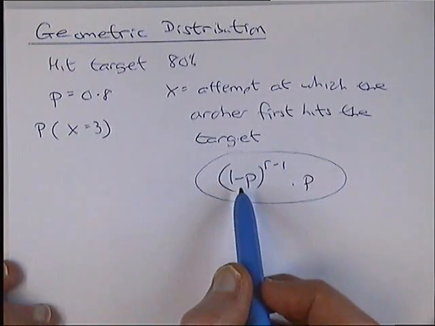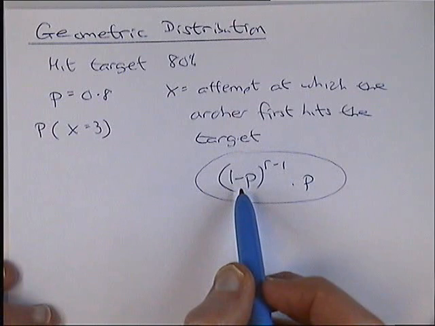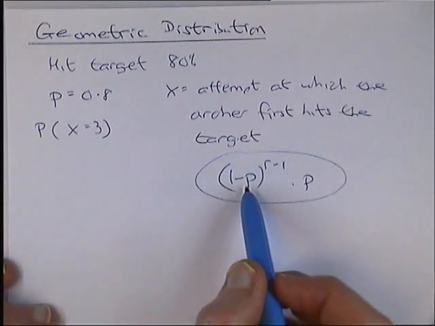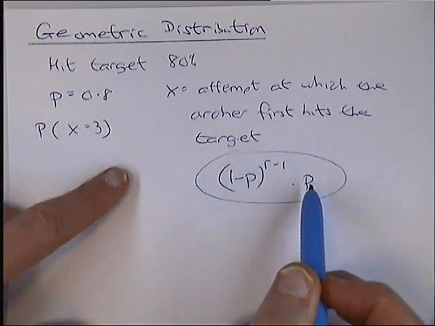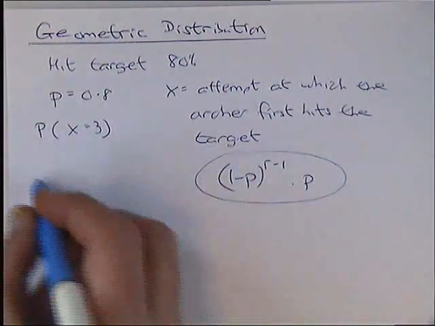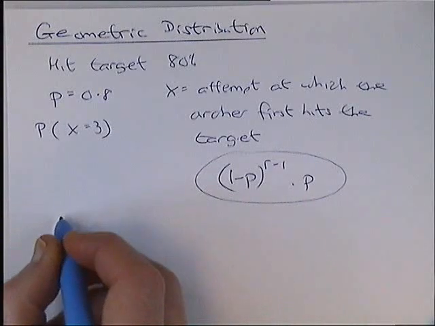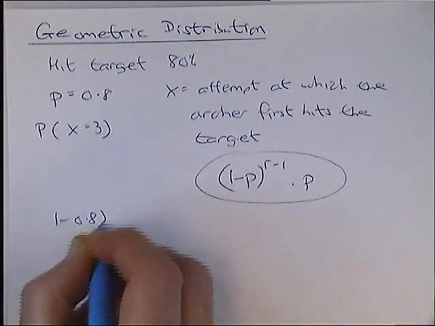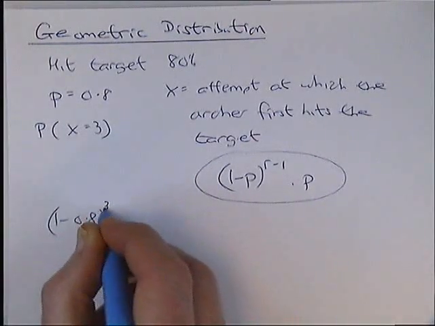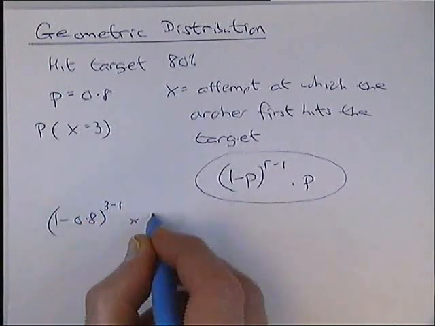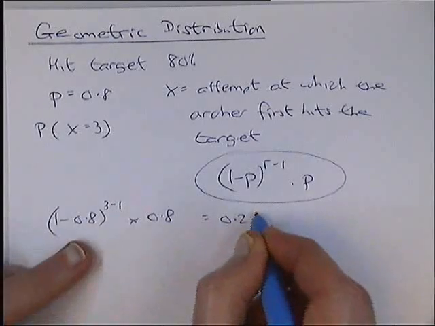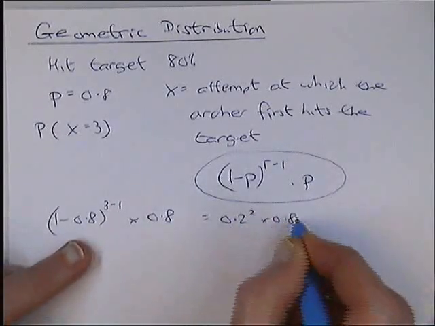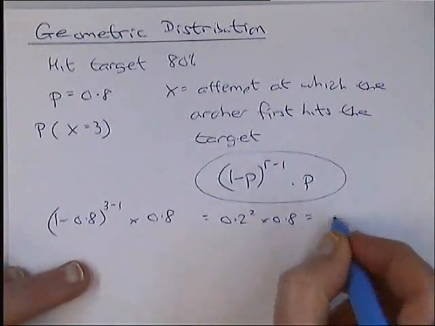If you think about this, 1 minus p is the probability of failure, so in this example this is failing 2 times and then succeeding, which is what we want. So the calculation I need to do is (1 minus p) to the power of 3 minus 1, times p, which is 0.2 to the power of 2 times 0.8.